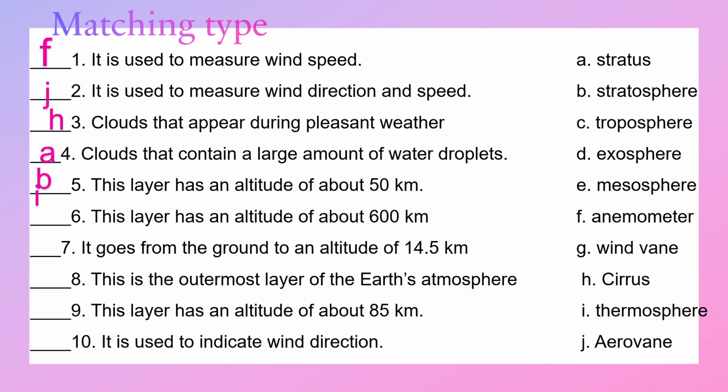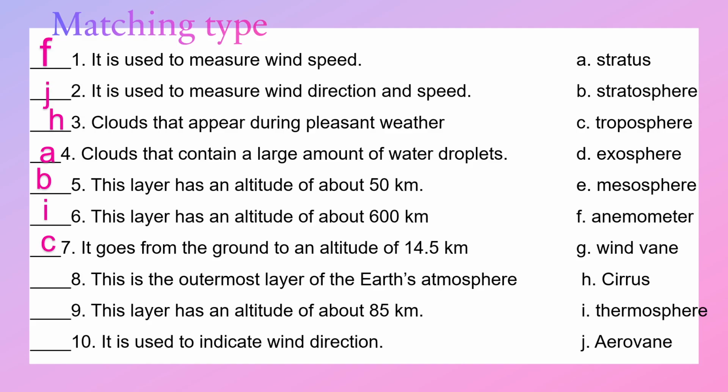Correct. It's letter I, thermosphere. Number 7. It goes from the ground to an altitude of 14.5 kilometers. Yes, correct. The answer is troposphere. Letter C.